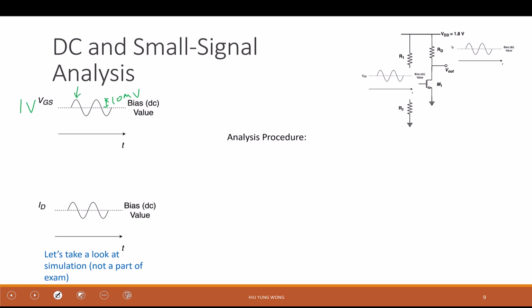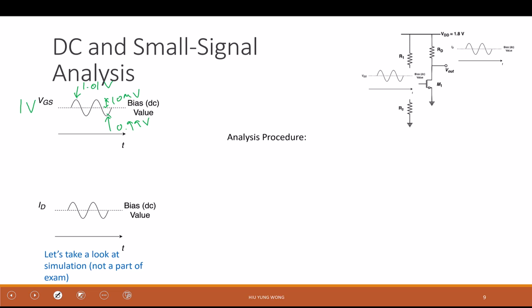This point is going to 1.01 volt. This point is going to be 0.99 volt. Your transistor actually sees you applying a signal oscillating between 0.99 to 1.01 volt. That is the real situation, okay?